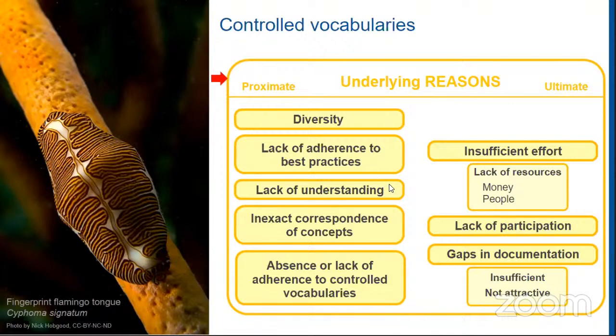There is sometimes lack of understanding, which can be of the standard or of the concepts themselves. We can also identify inexact correspondence of concepts. So sometimes the information that we want to share does not fit perfectly with the available, for example, Darwin Core terms.